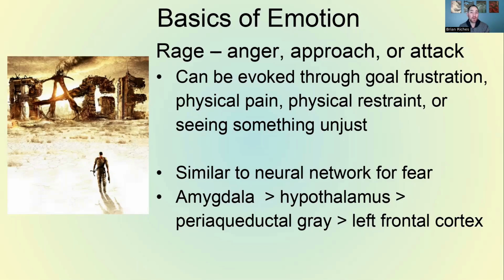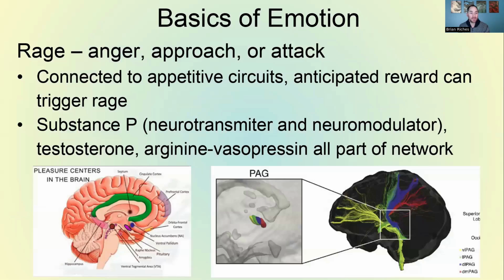So it is similar in some ways to the fear network. So we still see the amygdala interacting here. We still see that periaqueductal gray. And we see the hypothalamus being involved and the left frontal cortex. So it is some of the same kinds of areas. So this is also connected to some of those circuits that we talked about with appetite, like that desire piece.